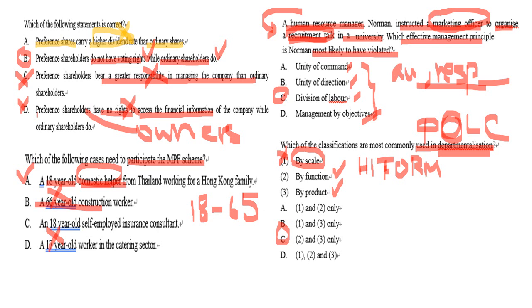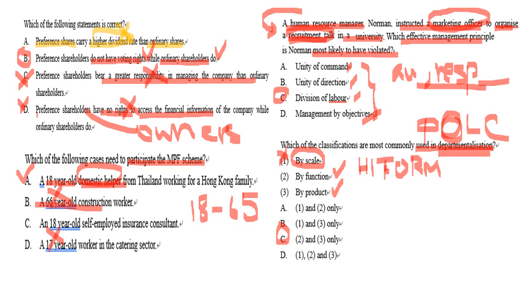Okay, let us look at this. What kind of effective management principle is violated? So look at this one. The marketing officer organized the recruitment talk. Is it correct to instruct this officer to do that kind of job?